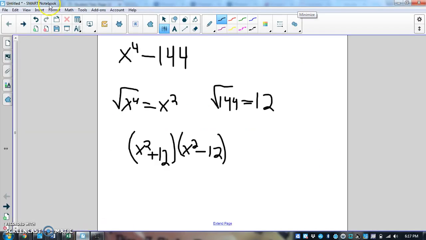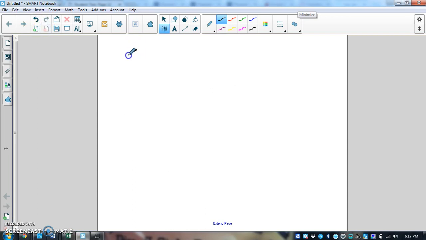And what I could do, I'm going to clean up the old problem there, is I could say, since I know my y-intercept is 0, 144, when my y value is 144, x is equal to 0, and what that would give me is 144 is equal to 0 minus h quantity squared plus 80. I'm using my mouse pad for it, so it's a little bit hard to draw.